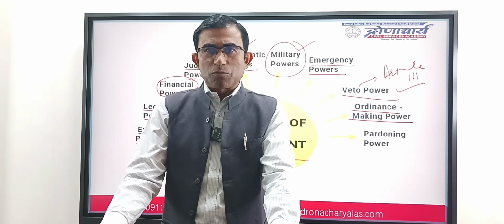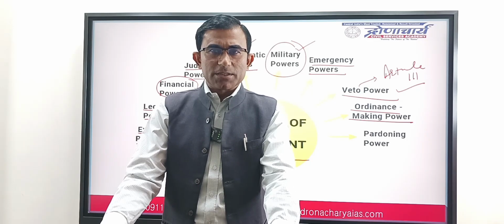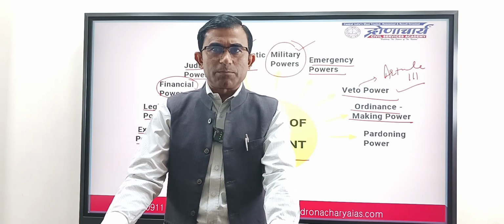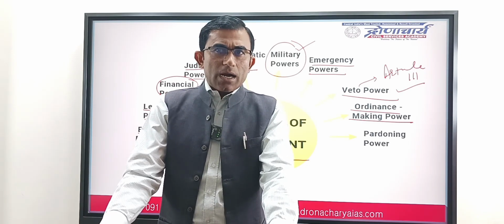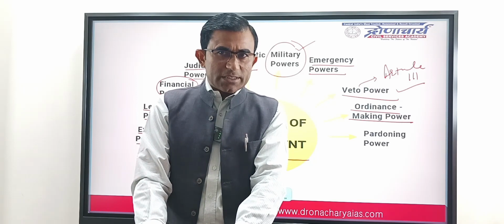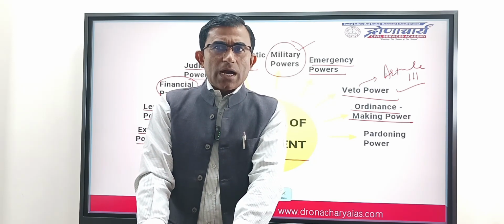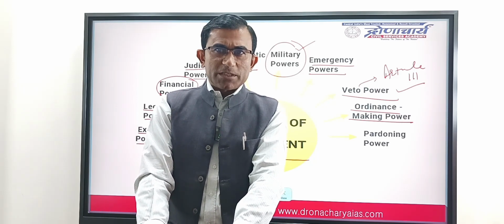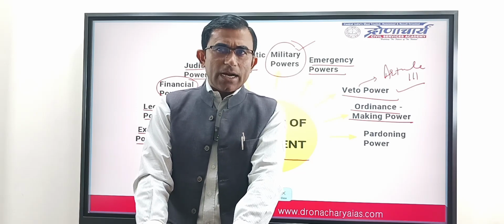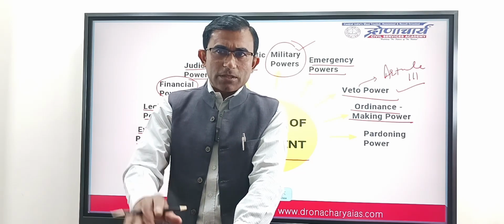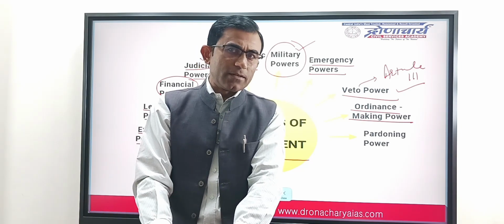The President can proclaim three types of emergency under Articles 352, 356, and 360. Article 352, National Emergency. Article 356, Presidential Rule in States. And Article 360, Financial Emergency.